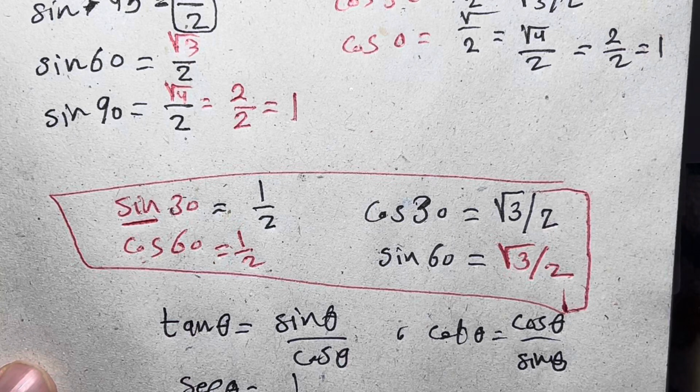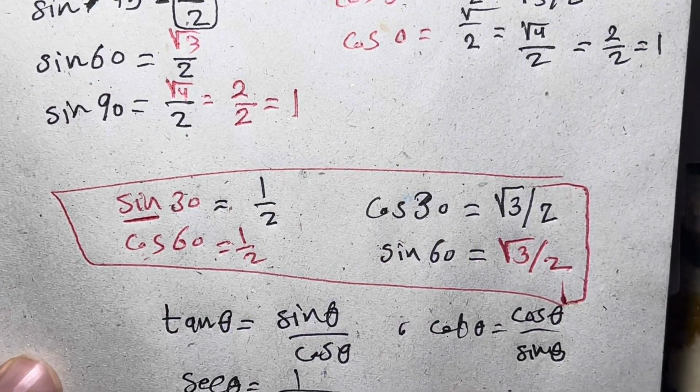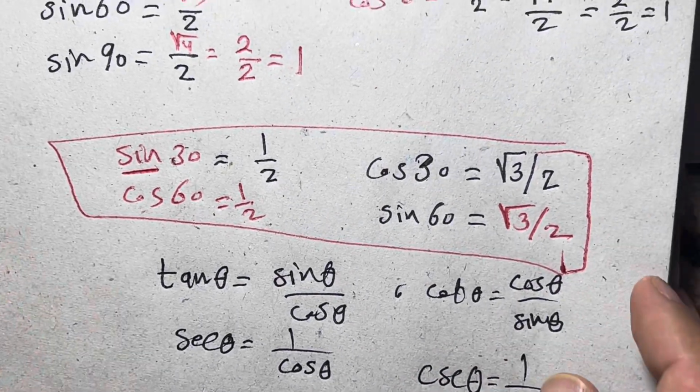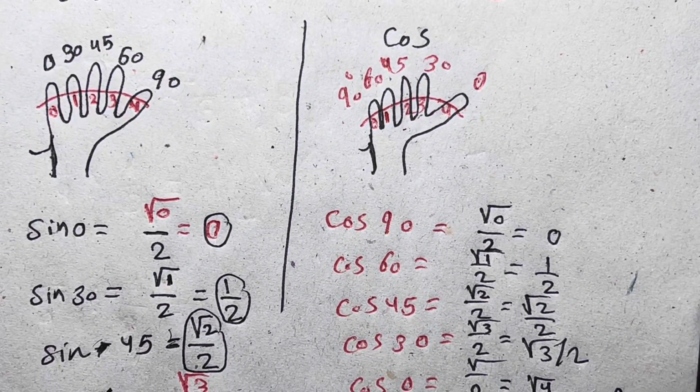And also cosecant theta equals 1 over sine theta. That's a good way to always remind you to save the famous angles in your mind and never forget.